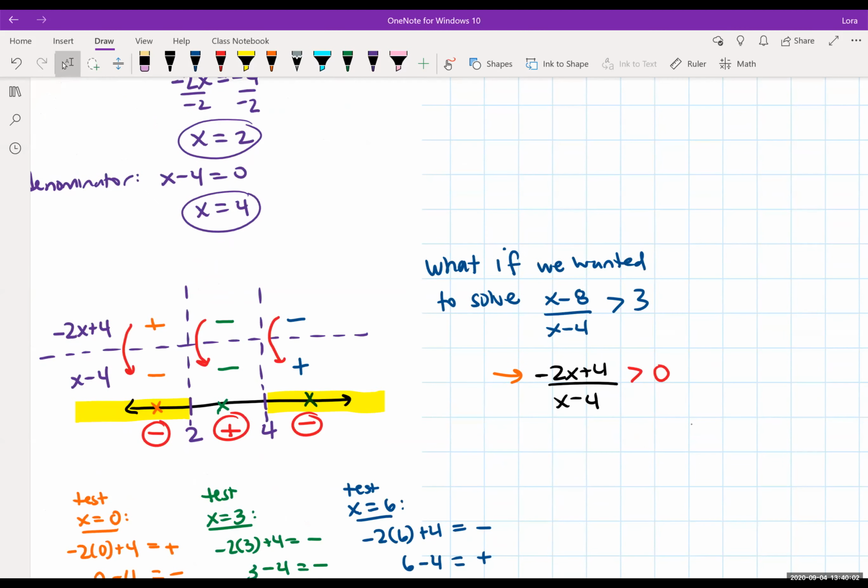Now, if you're trying to understand what that means, remember, greater than 0 is asking you to figure out where you have the positive regions. So if you're going to answer that question, you could see it's the opposite of what we colored in yellow. It's actually all the numbers between 2 and 4.